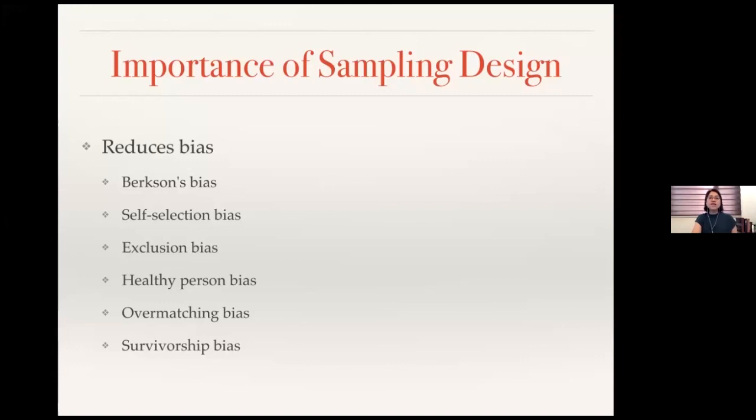The importance of having a proper sampling design is that it reduces bias. In our example earlier, there is a bias we call Berkson's bias. Berkson's bias or Berkson's fallacy is a bias wherein by the time they enter the survey or study, their own characteristics already have an effect on the outcome. In this case, the ones they chose were already rich and already more Republican to start with.